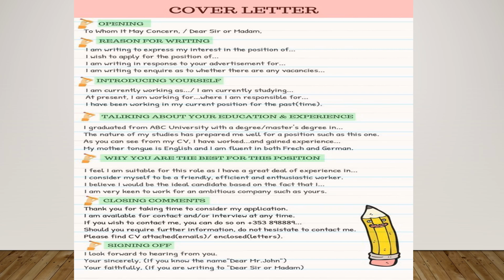I am currently working as a guest lecturer in MES College. You can also give just the basics: I've done my PG and now I'm pursuing my MPhil in physics. You can also say, I'm very keen to work for your prestigious company. I've always wanted to work here, etc. Then you can say you have attached so and so. So please find my CV attached or enclosed.